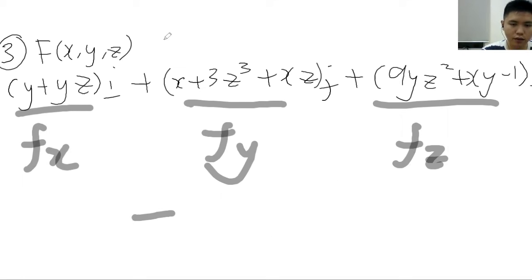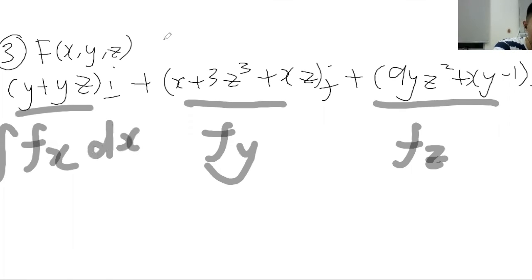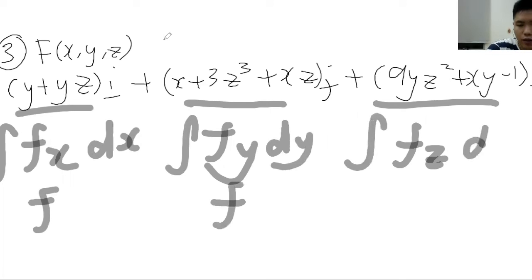In order to get f, we integrate this one with respect to dx to get f, integrate this one to get f, integrate this one to get f as well, and then we compare. We just copy down the terms that appear differently.